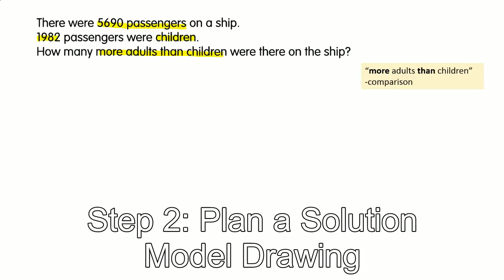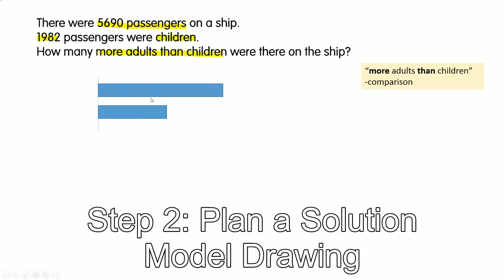We can plan to solve this question by drawing a model. What kind of model do we draw? Part-whole model or comparison model? In this case, well, obviously, we draw a comparison model. In a comparison model, there is a longer model and a shorter model, right?